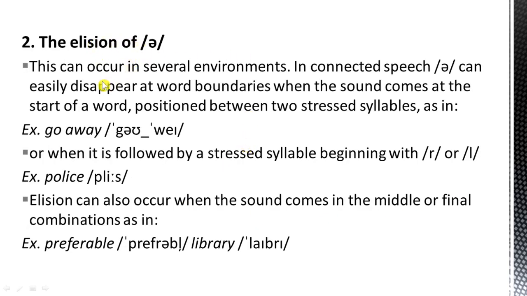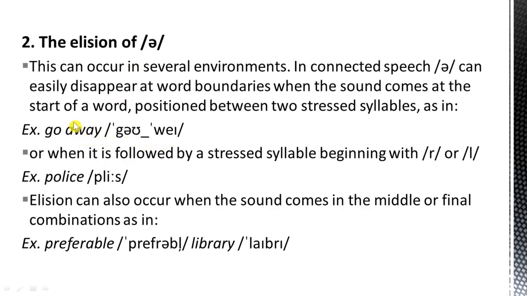Elision of the h sound happens in several environments in connected speech. It can easily disappear at word boundaries, when the h sound comes at the start of a word in a position between two stressed syllables, as in the following example, "go away". Here after elision we have no need to pronounce the sound.